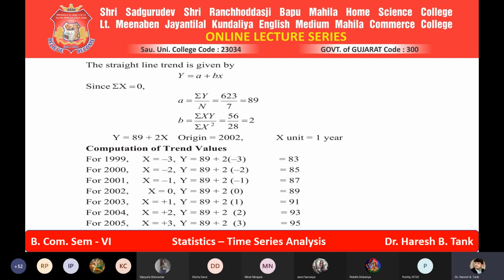All of you getting the values? Yes, sir. Okay.